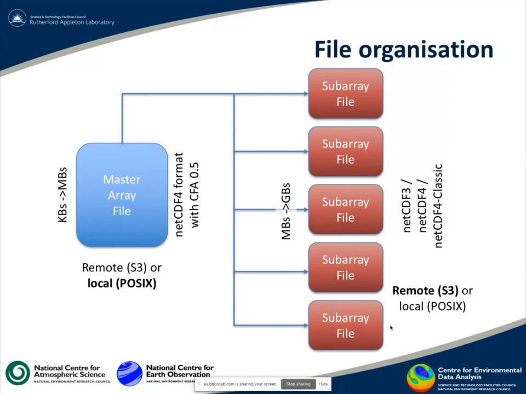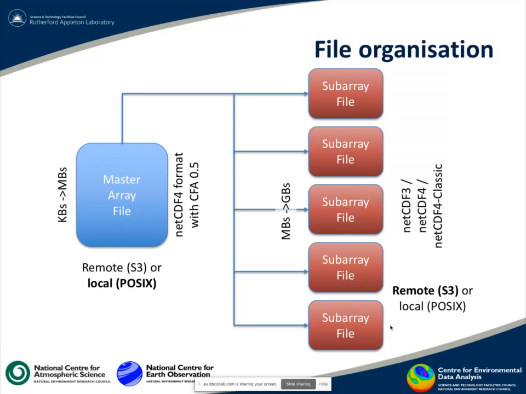Each master array file can consist of a number of variables, like a normal netCDF file. It has the domains, so the dimension variables and the coordinate data for those dimension variables, and then it contains the information about each of the subarray files.